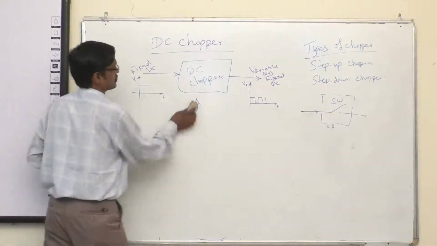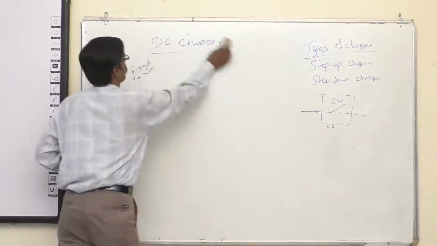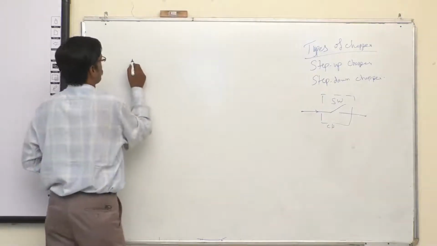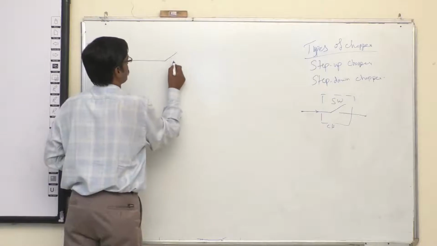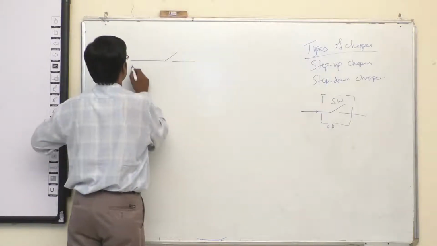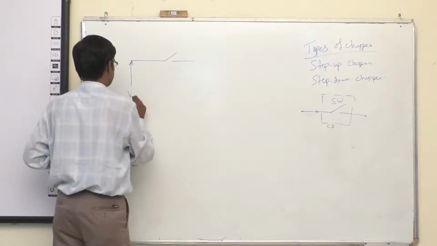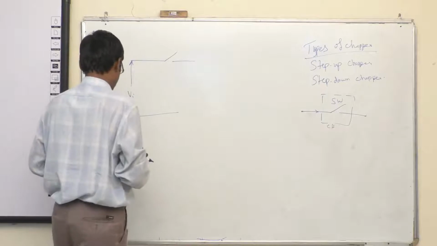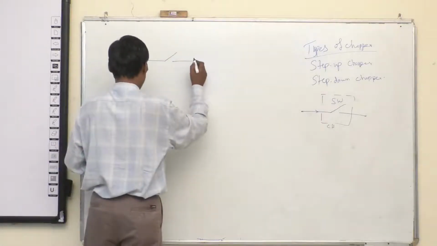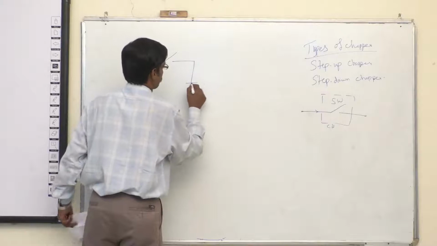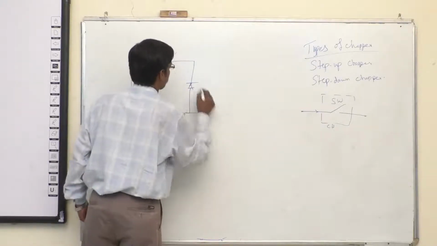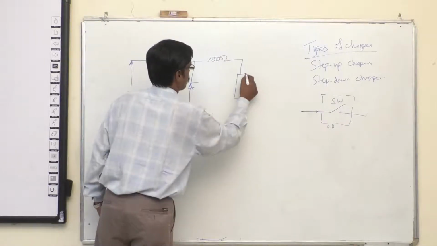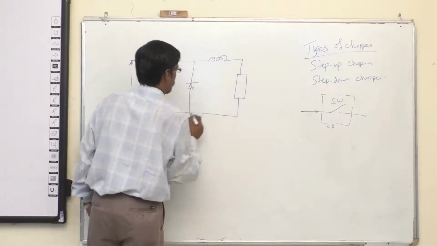To understand the principle of operation, consider a simple circuit which consists of a simple switch, one inductor and freewheeling diode.